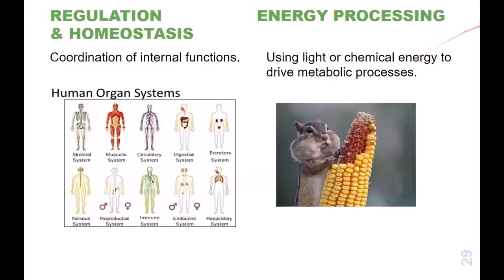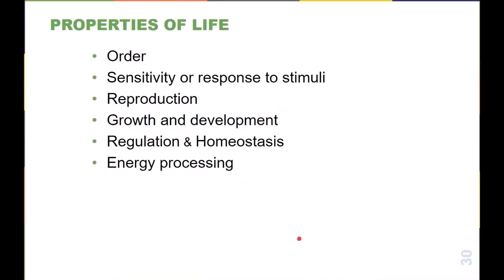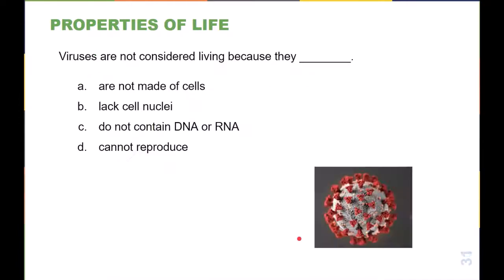So this little guy's munching on some corn and he's going to use the energy in the corn, the chemical energy, to drive his metabolic processes. So those are the properties of life. Pretty simple, right? Order, sensitivity or response to stimuli, reproduction, growth and development, regulation and homeostasis, energy processing. So hopefully we know a good example of each of those.